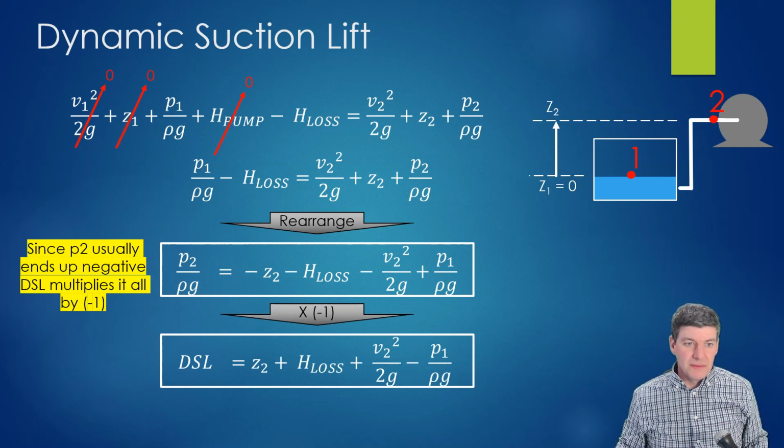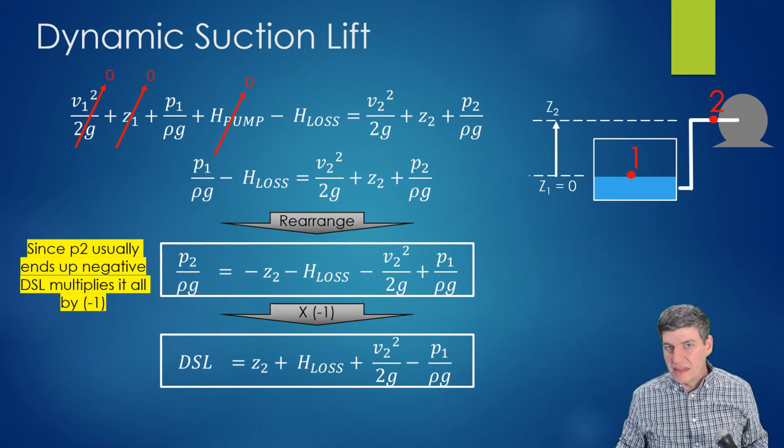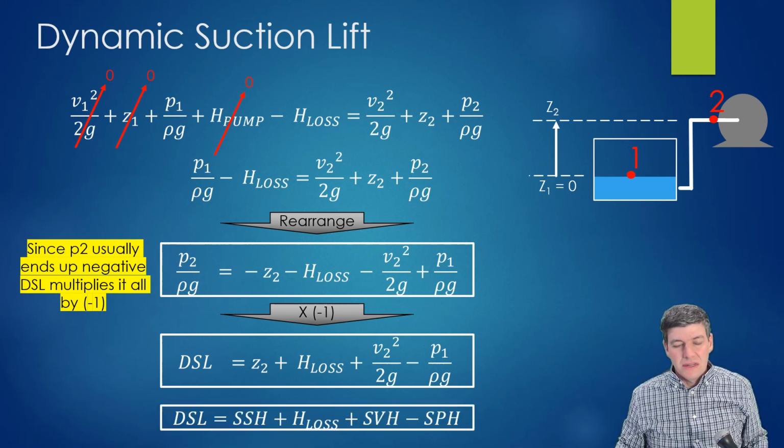If we multiply that by -1, we get the dynamic suction lift term equal to a bunch of positive values with only one negative value. In short form, dynamic suction lift is equal to the static suction head plus the losses plus the velocity head leading into the pump minus the pressure head.